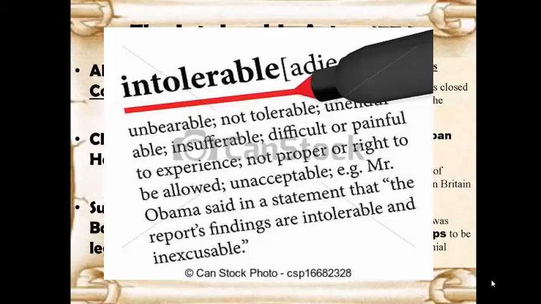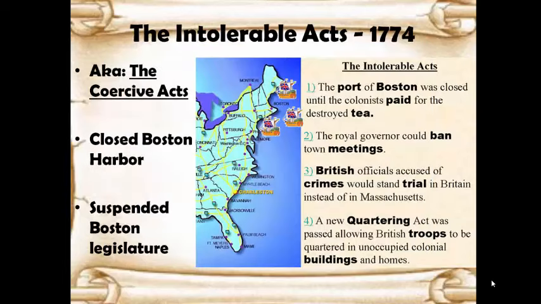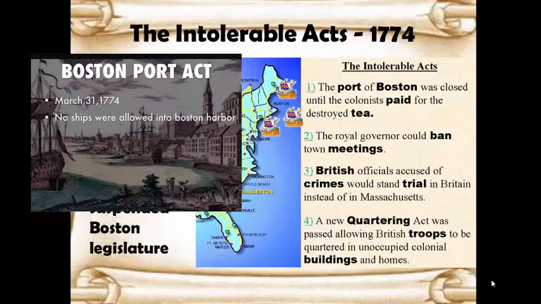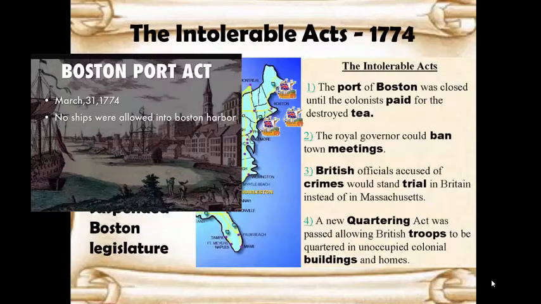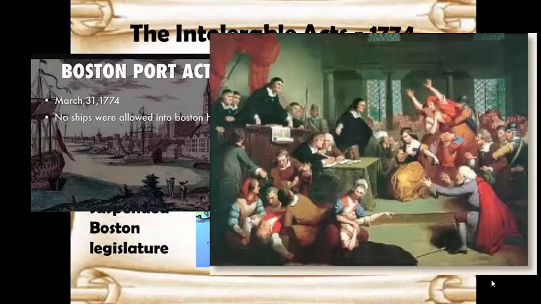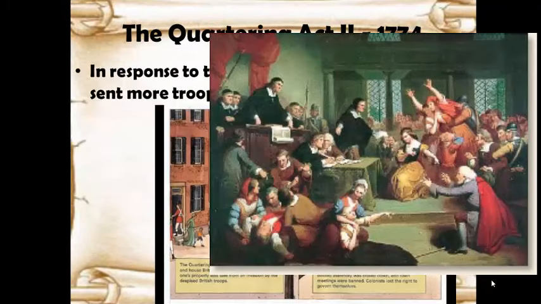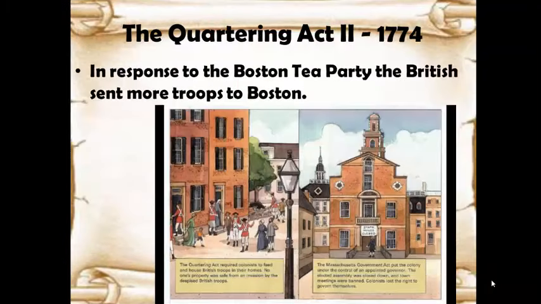You can't tolerate it. They closed Boston Harbor, they banned town meetings, and we talked in our last video about the importance of town meetings in New England. They started moving trials over to England that should have been taking place here. And, of course, since things were getting pretty out of hand, they sent more troops over here.